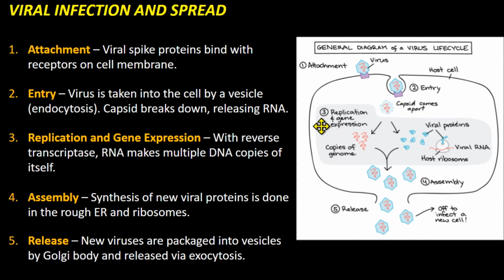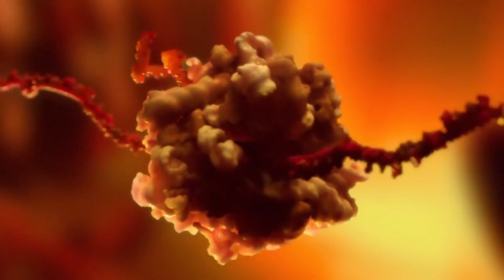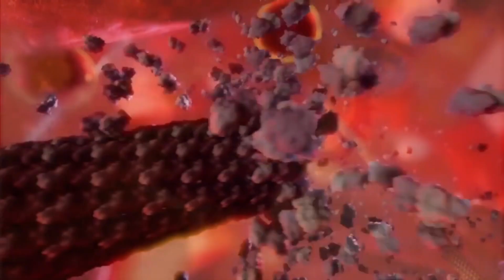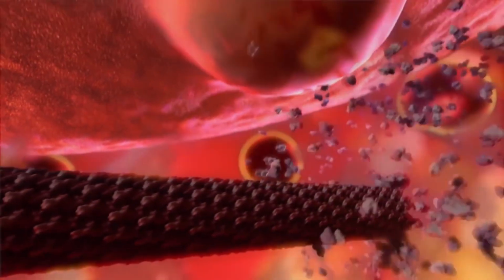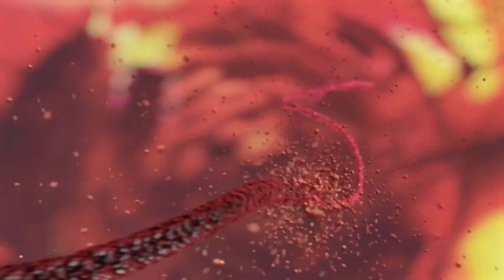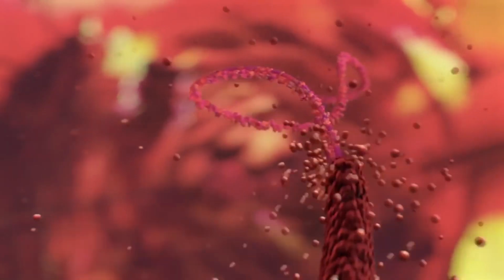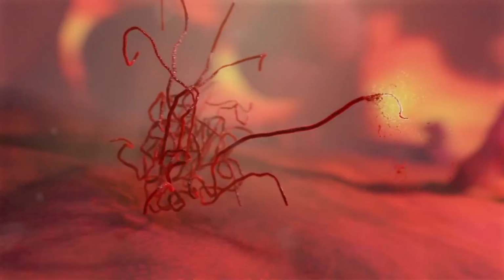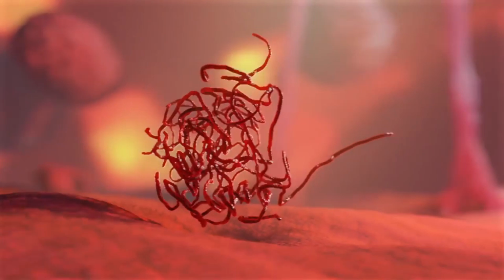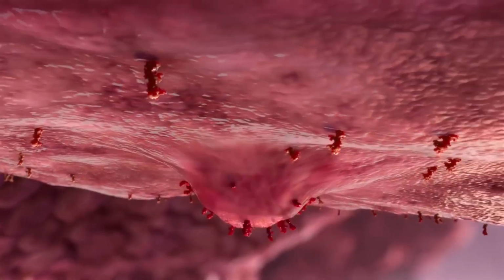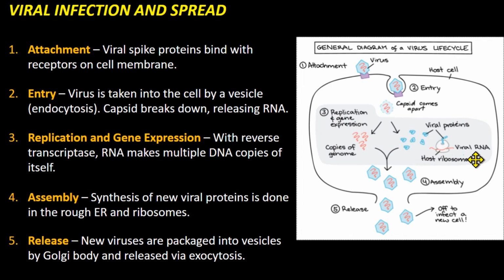You're going to have the enzyme reverse transcriptase, and that's going to enable the RNA to make multiple complementary DNA copies of itself. Now this RNA and this DNA is going to assemble into proteins. Basically, remember from Unit 1, RNA is read by ribosomes along the rough endoplasmic reticulum, and amino acids attach in response to reading that set of RNA instructions, and that's going to build a protein.